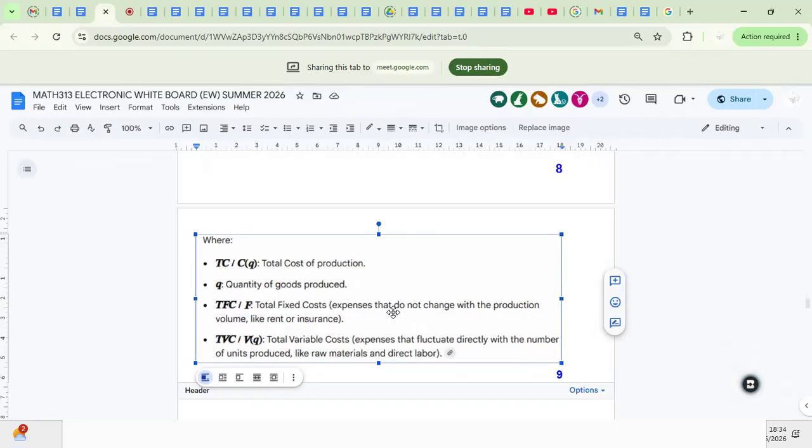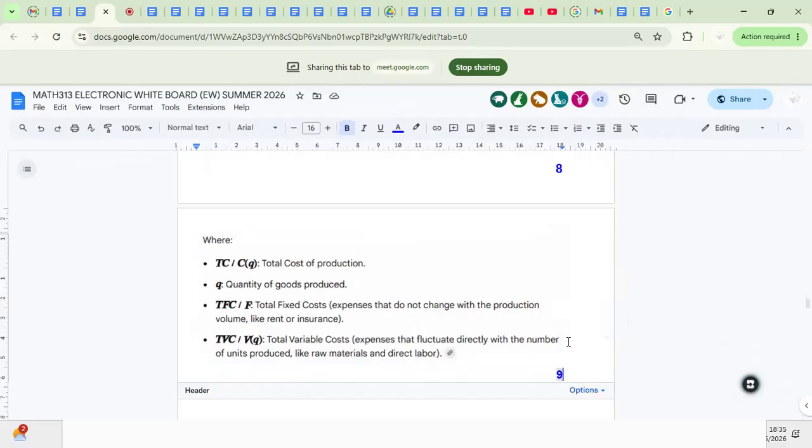You must pay that. And probably, to a certain level, salaries according to the contract. And then you have TVC or V of Q, total variable cost, expenses that fluctuate directly with the number of units produced, like raw materials and direct labor, etc.